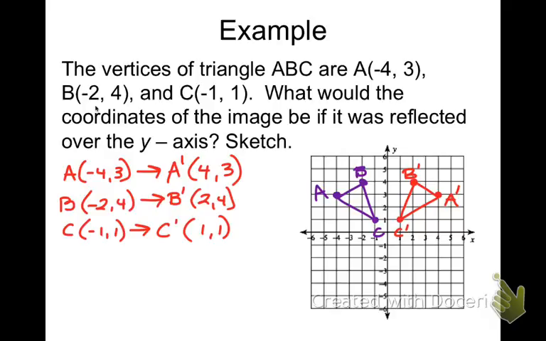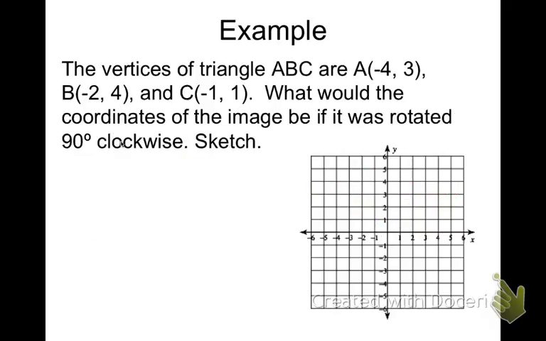All right, so in the third quadrant, let's recreate that same triangle. So negative 4, 3, point A, negative 2, 4, point B, negative 1, 1, point C. There we have it.